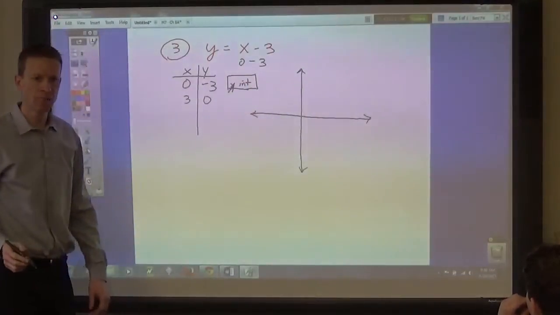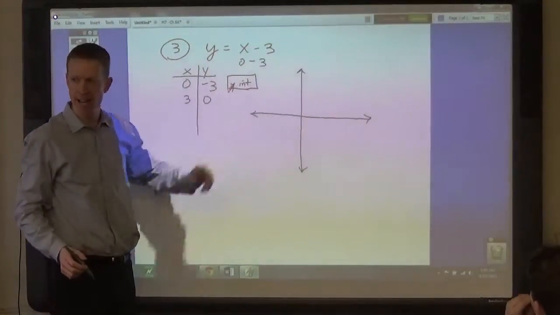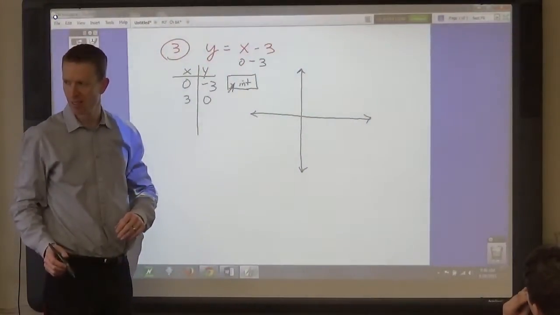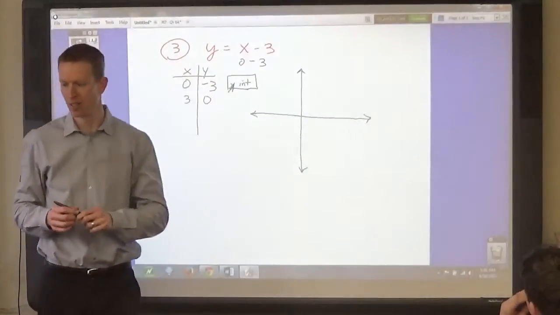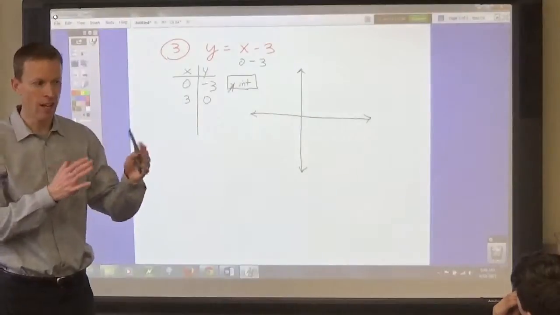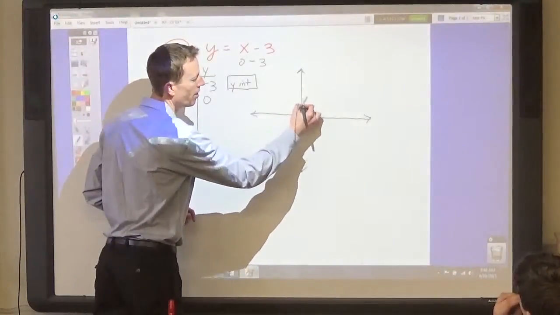The y-intercept is where this line crosses the y-axis. That's a very important number. That's going to be a number that we're going to work with a lot in the next couple lessons. The y-intercept.